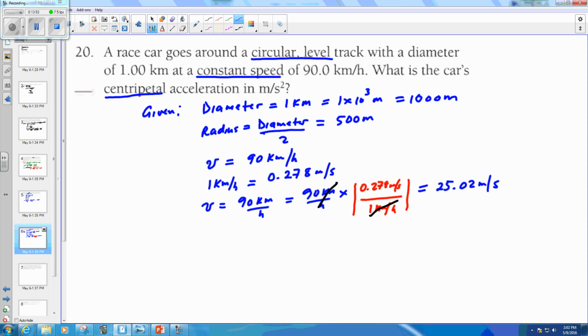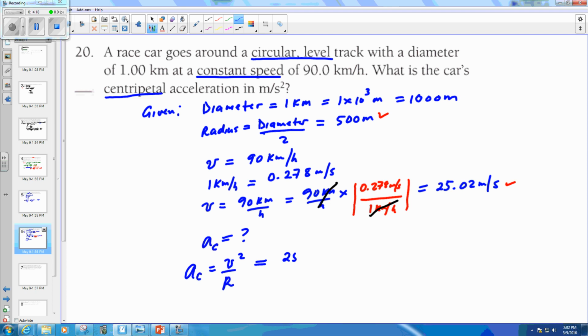So now I know the radius, which is this value. I know the speed, which is this value. I'm looking for centripetal acceleration. So I know the centripetal acceleration is given by the square of the velocity divided by the radius. And so I'll put in those values. I'll have 25.02 meters per second.